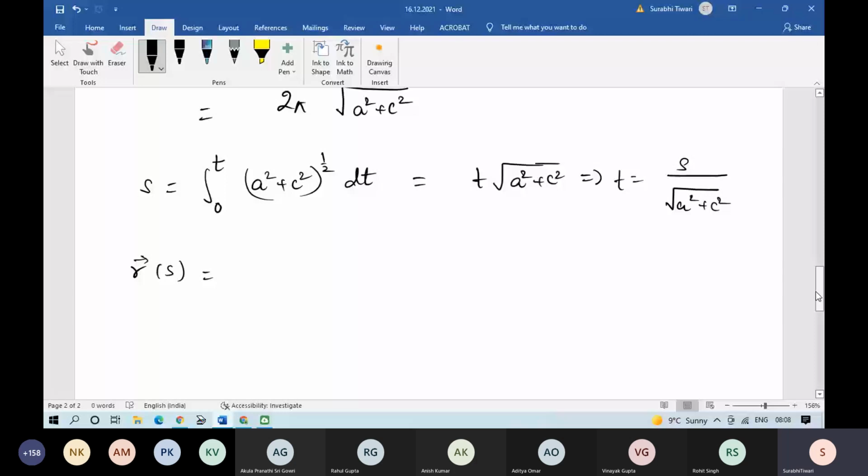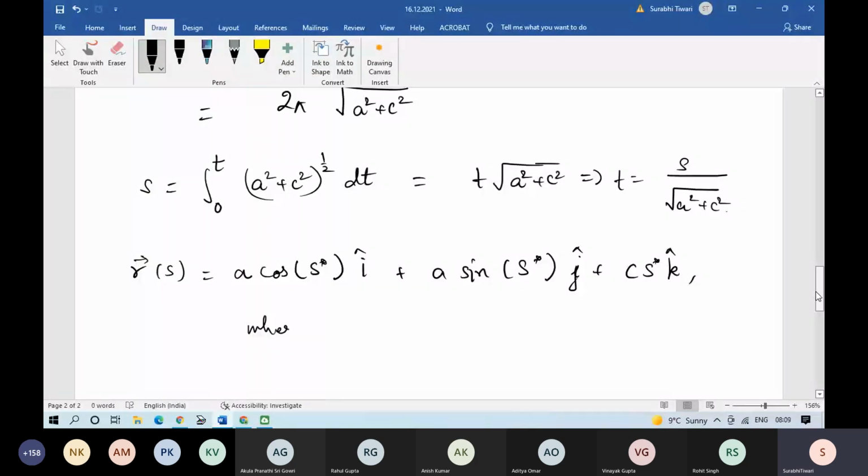So I am representing it in terms of s*: a cos s* i plus a sin s* j plus c s* k, where s* is s upon under root a² plus c². So is this clear to everyone?